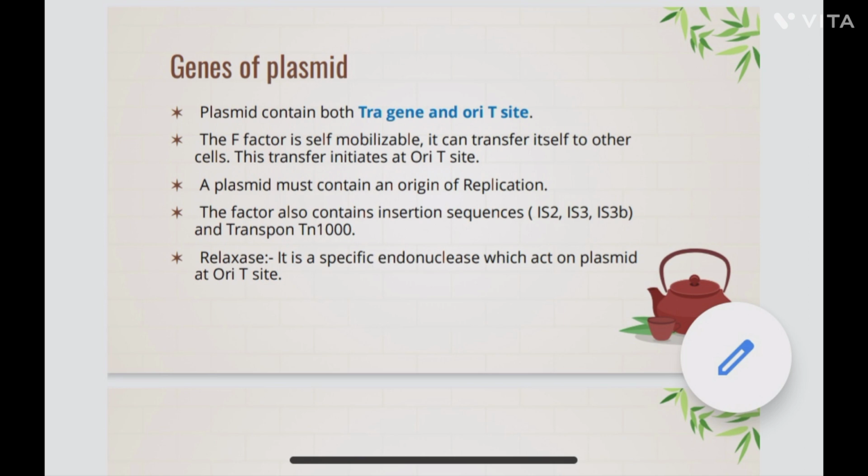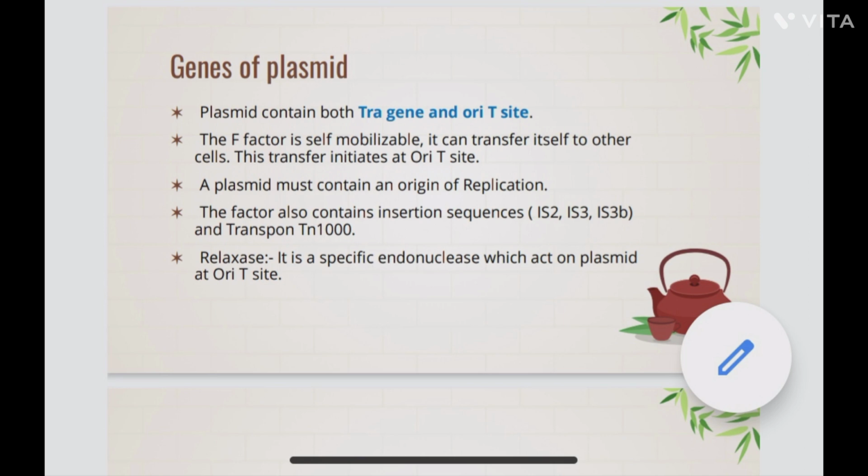Now, as we know, the plasmid is extrachromosomal DNA, then genes of plasmid are present. Plasmid contains both tra genes and the oriT site. The F factor is self-mobilizable. It can transfer itself to other cells.